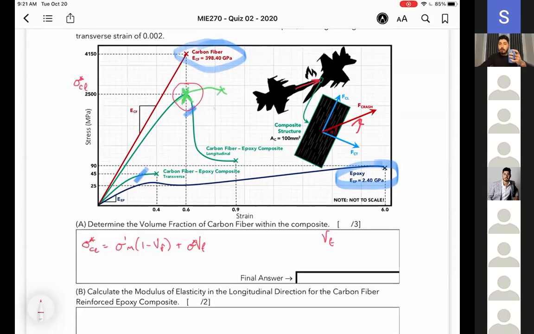It allows you to solve for the stress generated by the longitudinal load on the composite. So the maximum strength of your composite, when loaded longitudinally, it'll give you this value. Okay. What is this one? What is sigma prime m? Do we know what sigma prime m is?